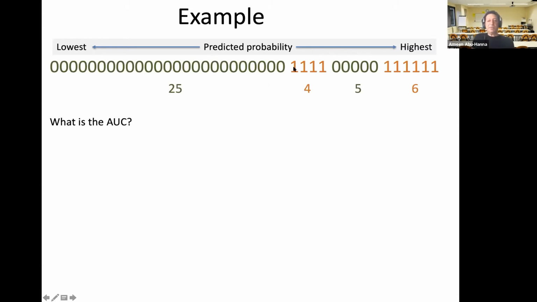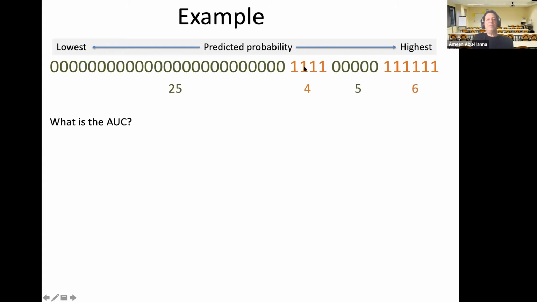If I do the pairing with all these 25 patients on the left side, these 25 experiments will be a win in all cases, because by definition, this one was higher than all these ones. Remember, when you pair, the only question I ask is, did the person who died have a higher probability than those who lived? Yes, for all these 25. So for this one, I have 25 wins.